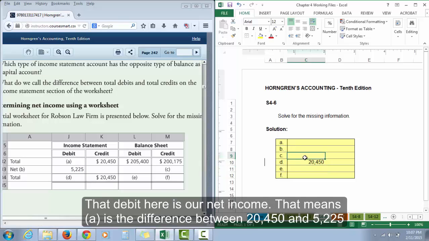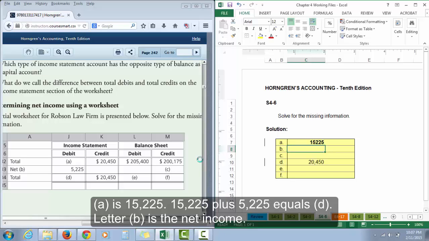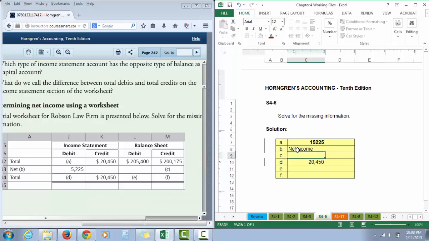So that debit here is our net income. That means A is going to be the difference between $20,450 and the $5,225. So A is going to be $15,225, plus the $5,225 is D, and letter B, we said that's our net income.